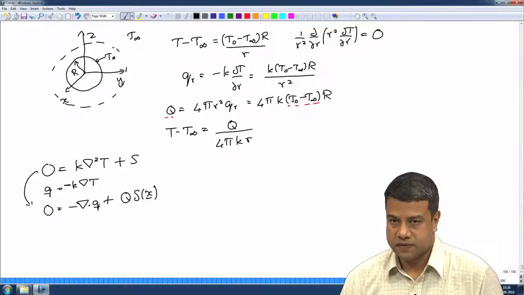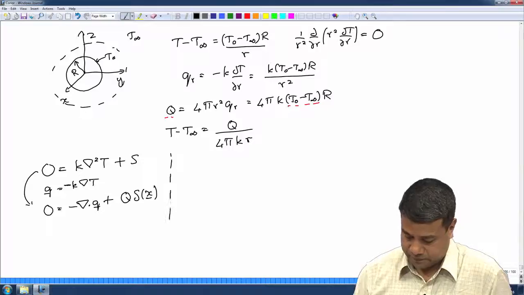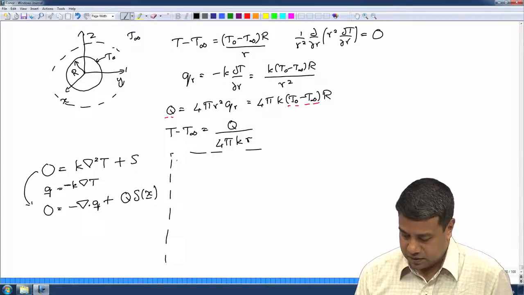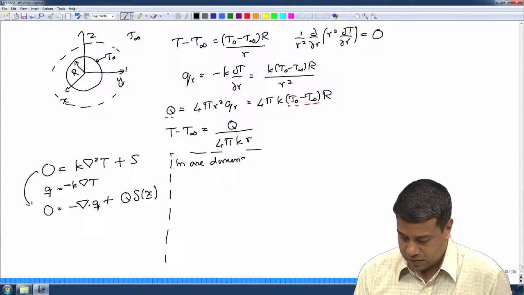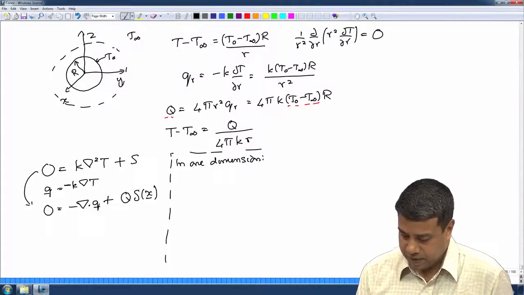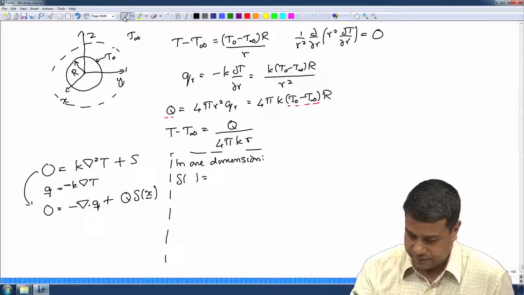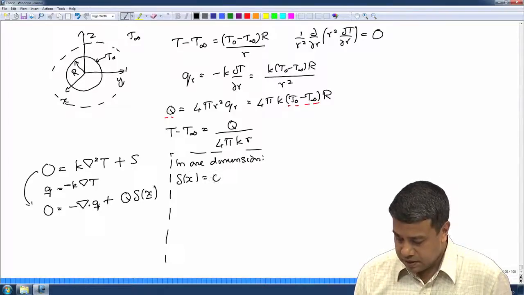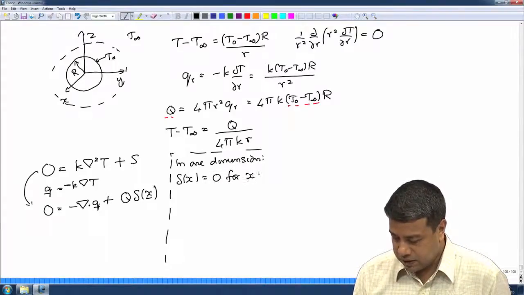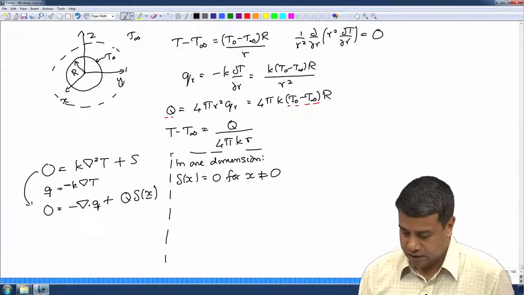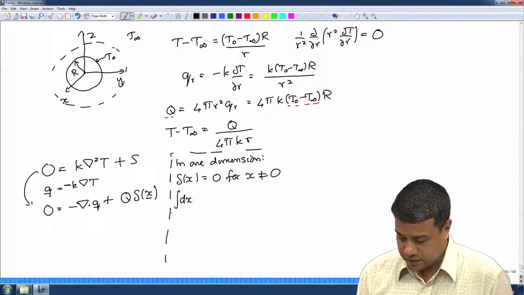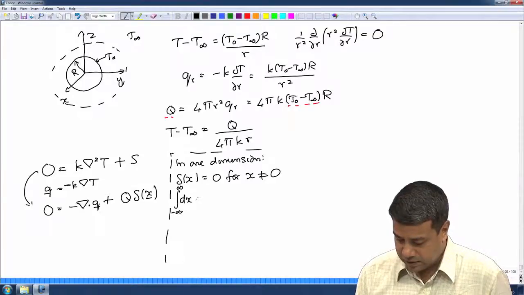this delta function we have seen before. In one dimension, delta of x is equal to 0 for x not equal to 0, and the integral from minus infinity to infinity of dx delta of x is equal to 1.